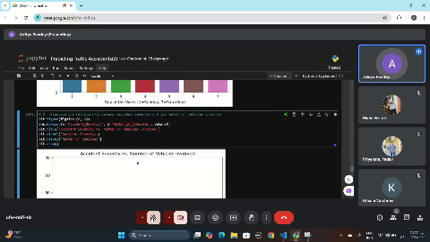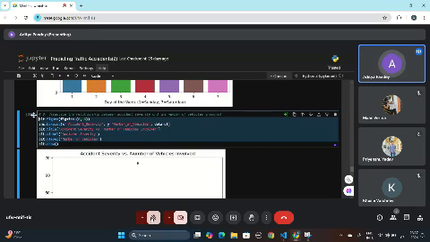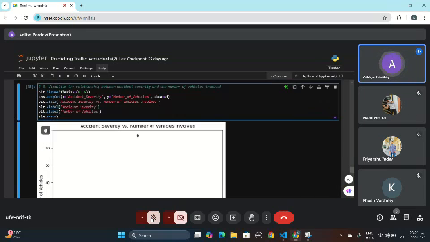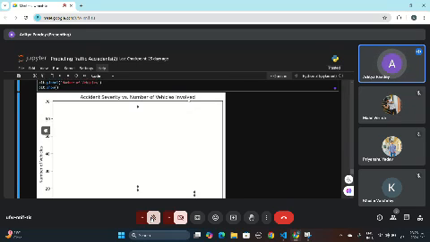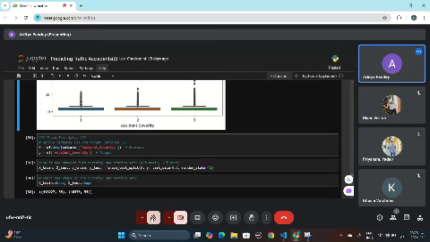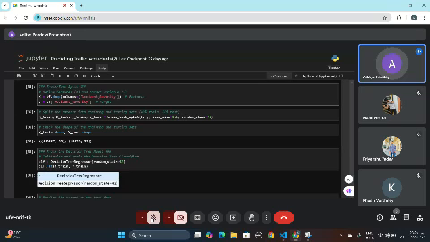And in this plot, we are trying to find out the outliers present in the accident severity and number of vehicles involved columns together. After that, we are training our model, which will be explained next.